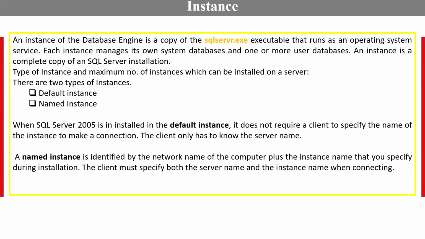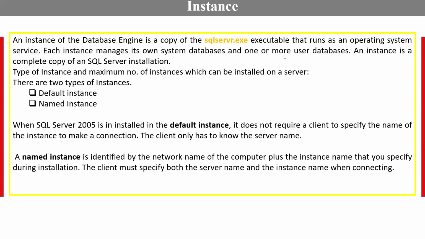Whenever you are installing SQL Server, that SQL Server installation, we will call it an instance. An instance is nothing but a database engine copy. Basically, your engine copy, nothing but the sqlservr.exe executable file.